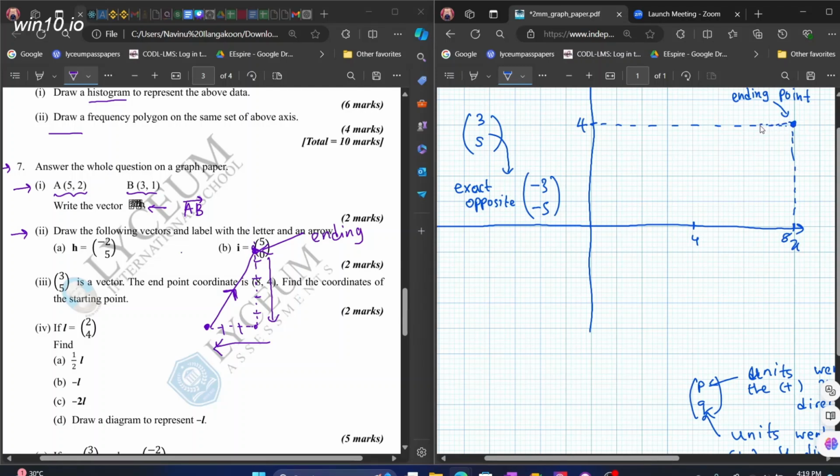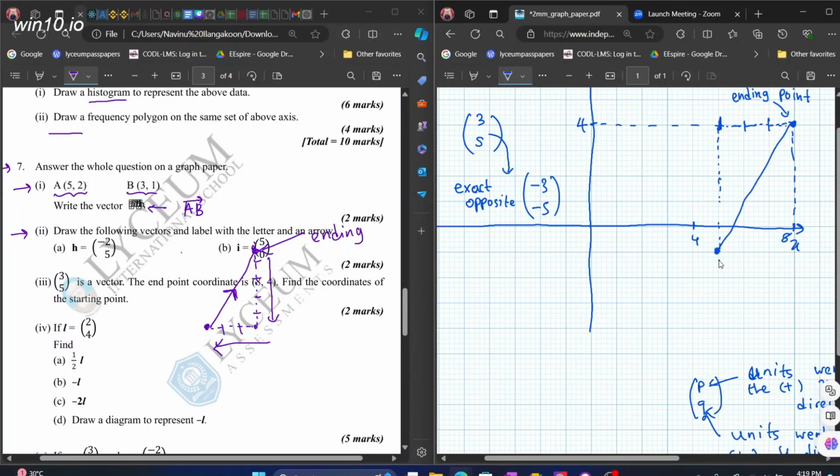So -3 means we have to go in the negative x direction 3 points. 1, 2, 3. Then starting from here, we have to go 5 points in the negative y direction. 2, 3, 4, 5. Now we end up here.